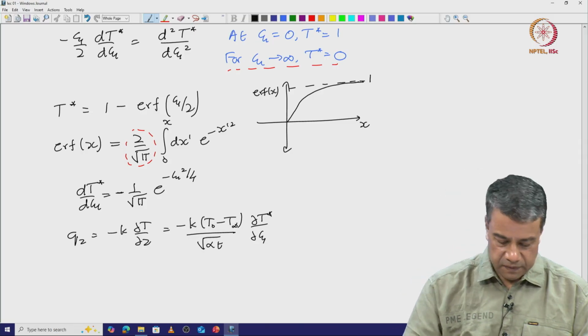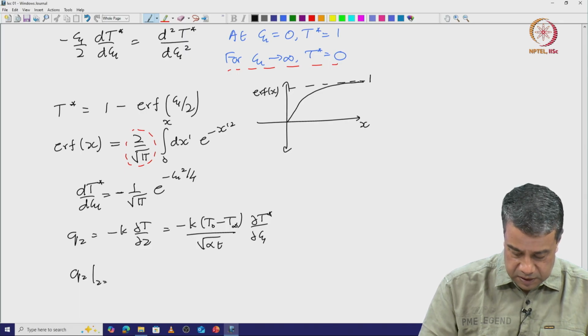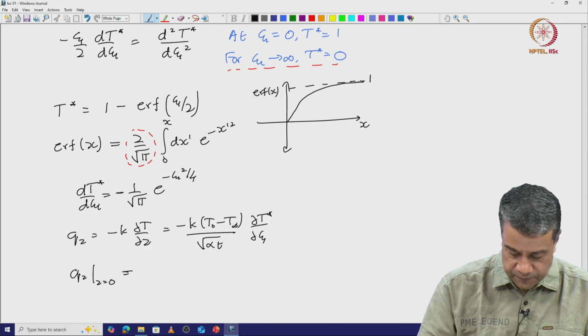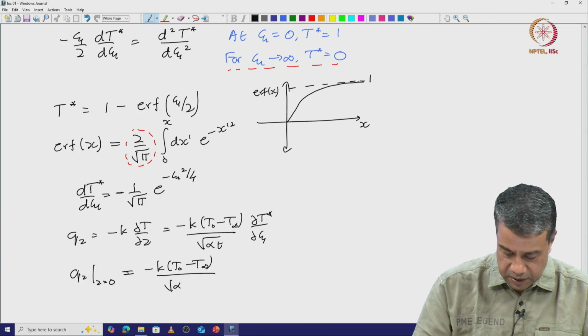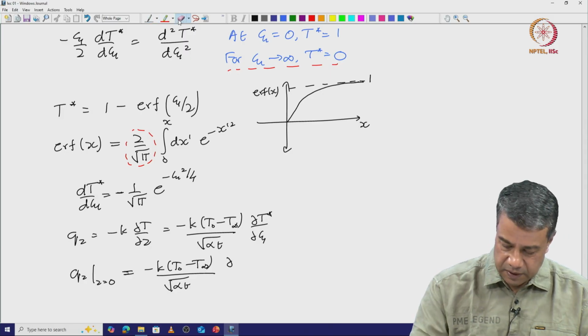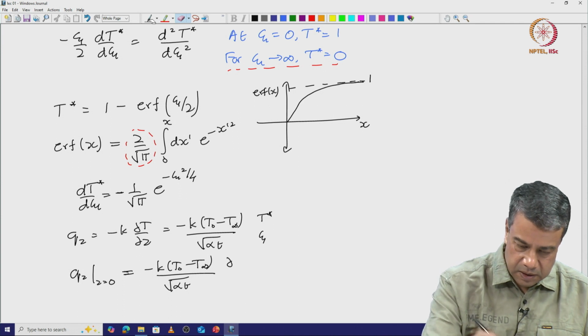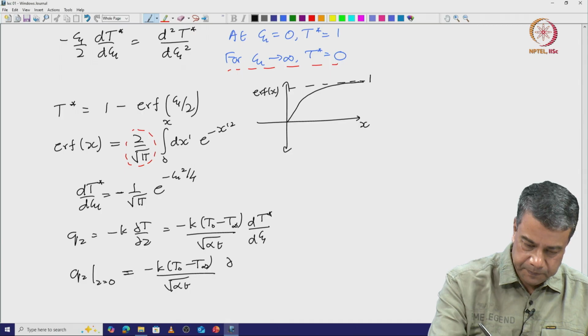At the surface itself, at z equal to 0, the heat flux Qz is equal to minus K into T naught minus T infinity by root alpha t, times the derivative. This should be a total derivative because T star is now only a function of psi.